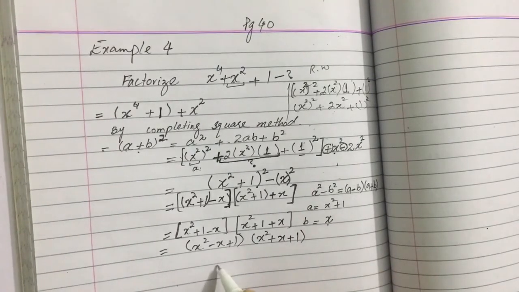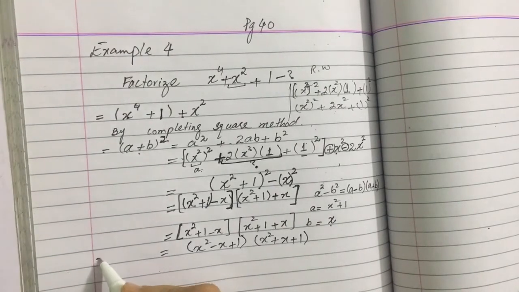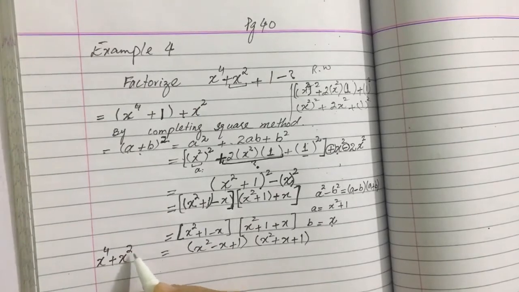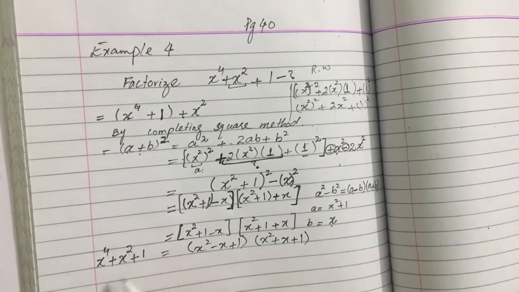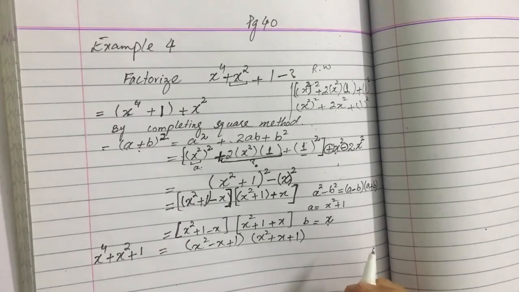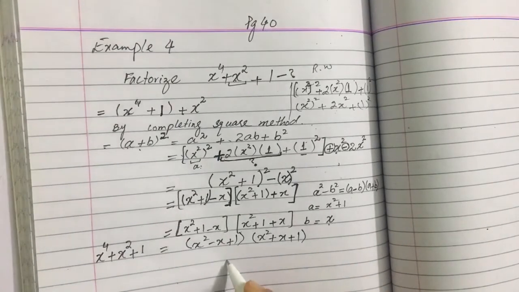So this is the expanded form, the factorization of our question, that was x to the power 4 plus x square plus 1, and this is answer 2.